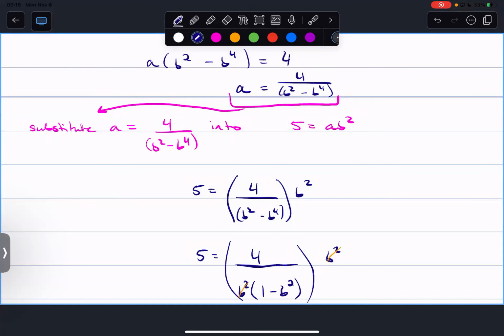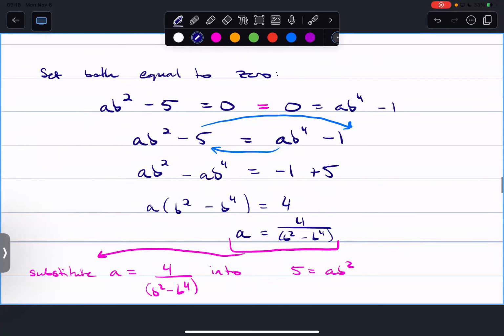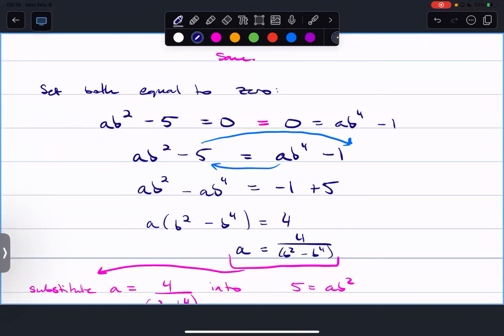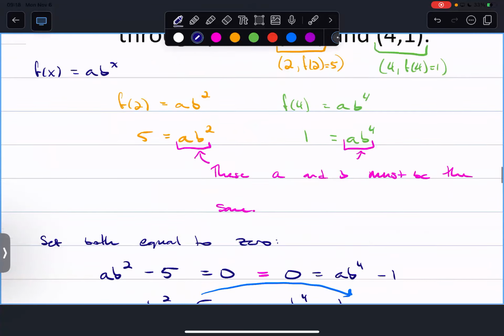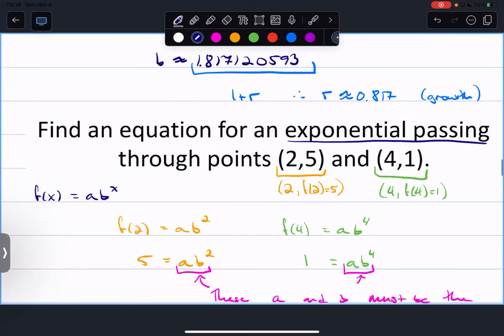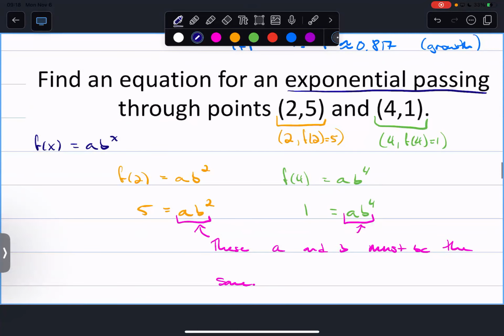Boy. It makes for a really good test question though, right? I feel like this could be half a test too. Find an equation for an exponential passing through these 2 points.